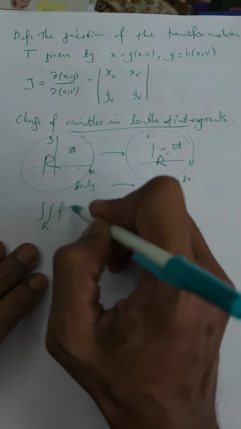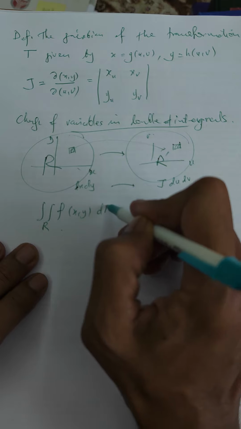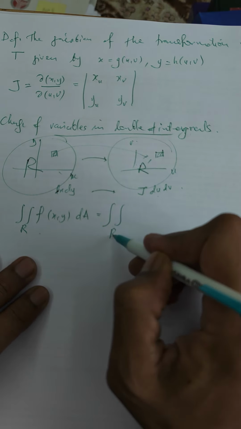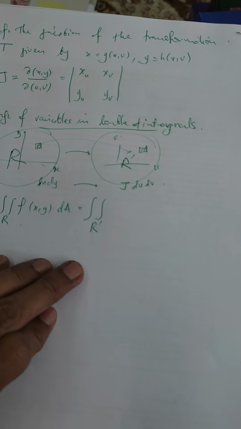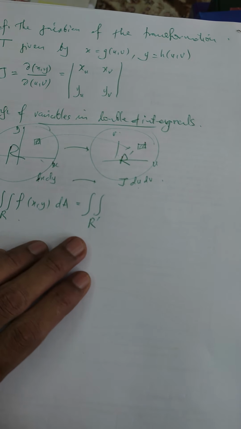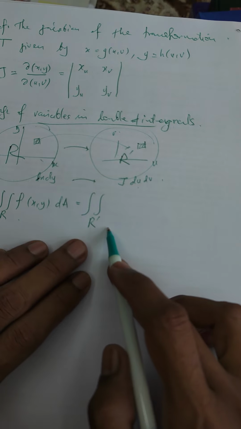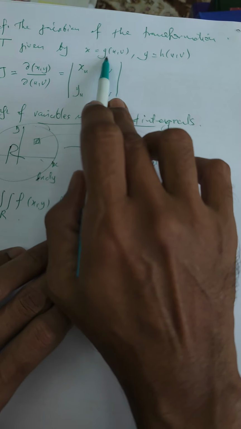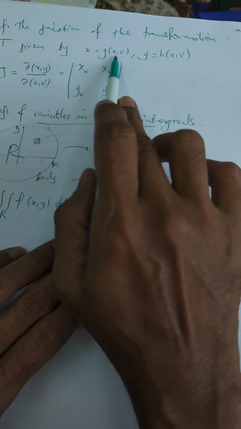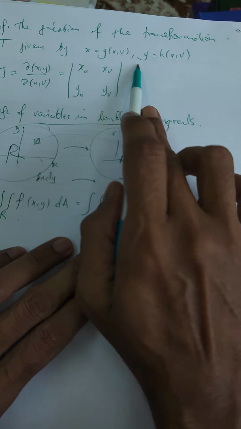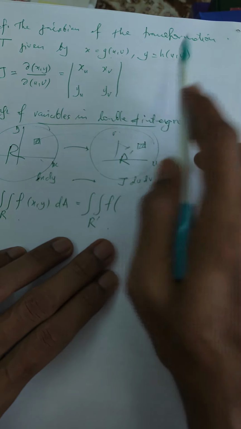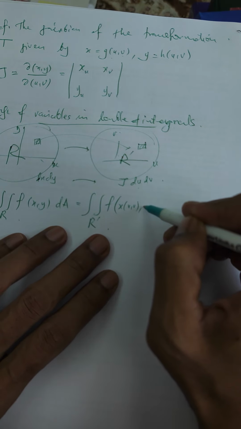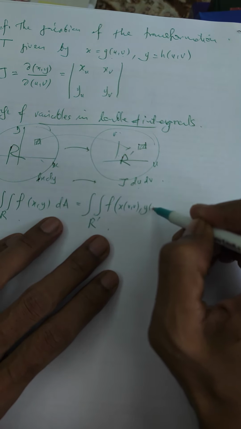So now the integral of f(x,y) dA is equal to the integral over our new region R prime of f, where x is given by the function g of uv and y as a function of uv.